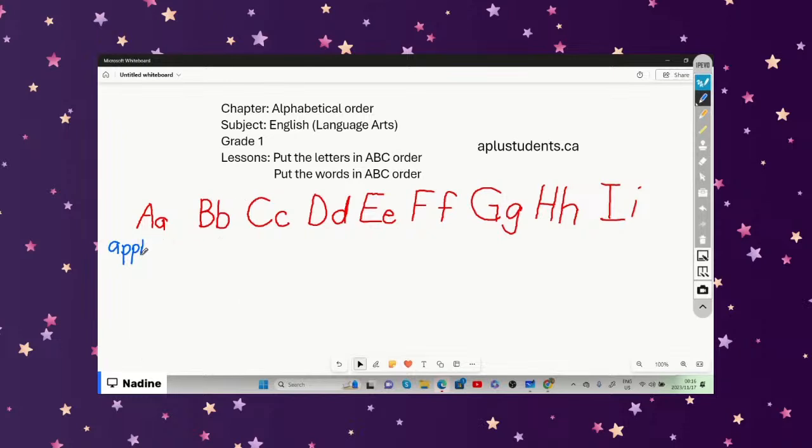So we have A for apple. In the meantime, can you think of words that match the specific letters? So we have A for apple.